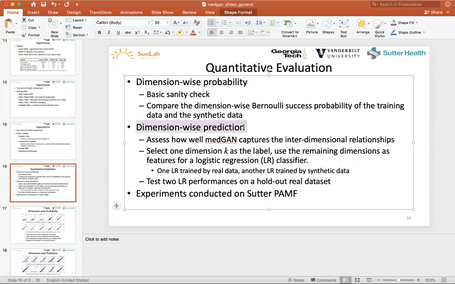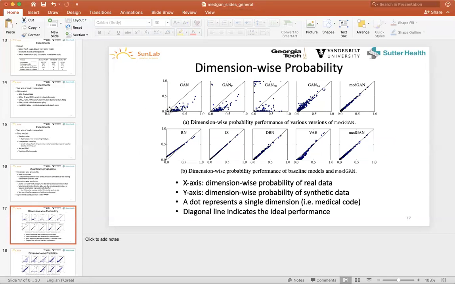Second is dimension-wise prediction. I need to specify that this is for binary tabular data, not the count tabular data. There are results for count data, but first I'm going to talk about binary data, which is way easier to explain.